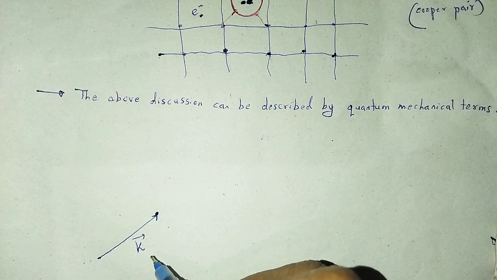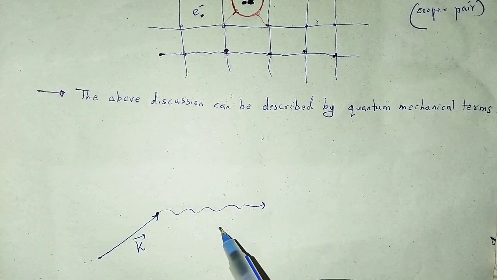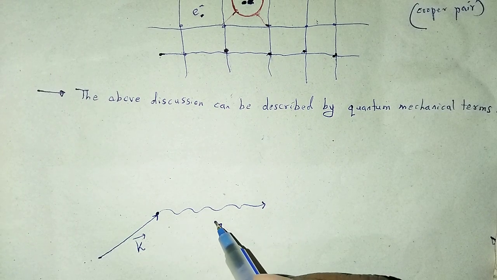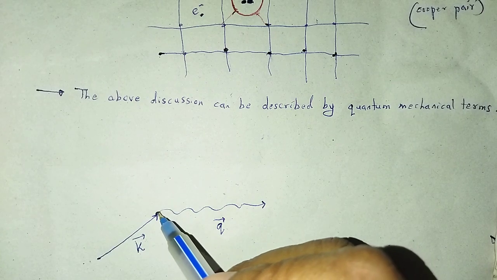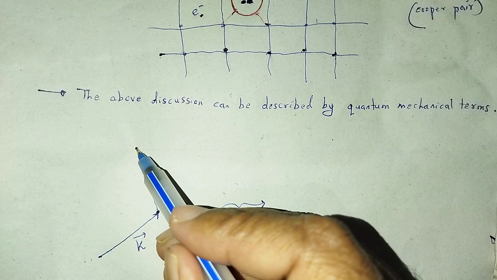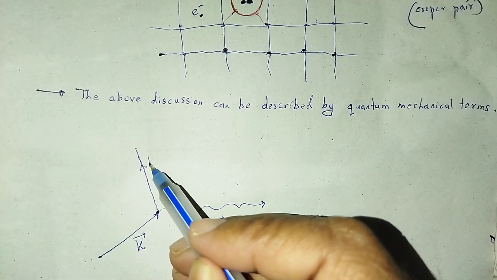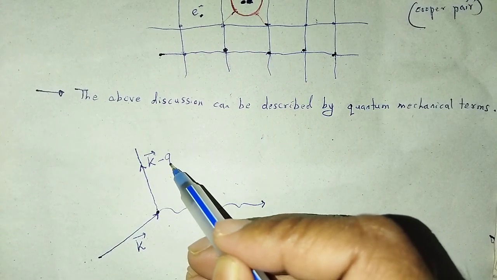When incident, it releases a phonon having wave vector q, and that electron is scattered with wave vector k minus q.